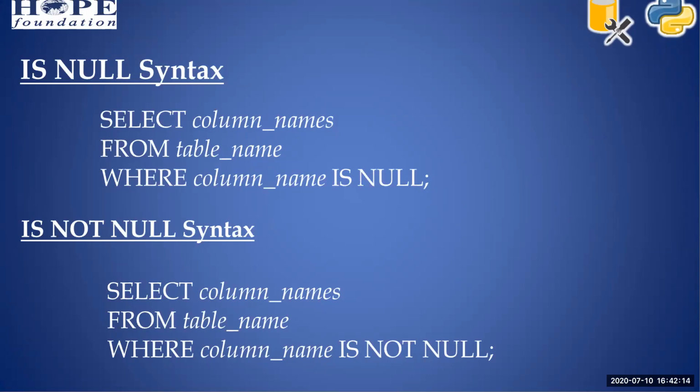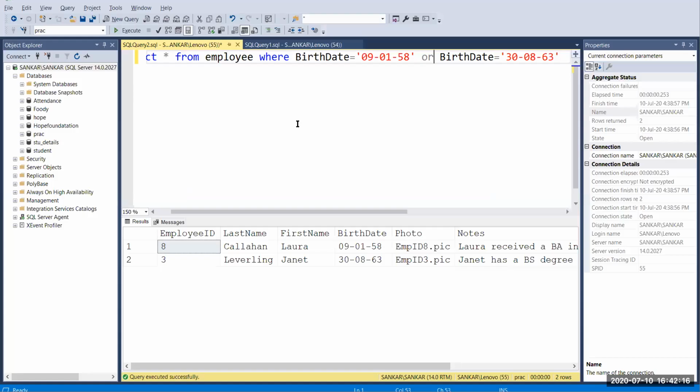Okay, so let's see. Here I'm going to create a table with null values, and then update and insert values into that table. So let's see how to create a table with null values.